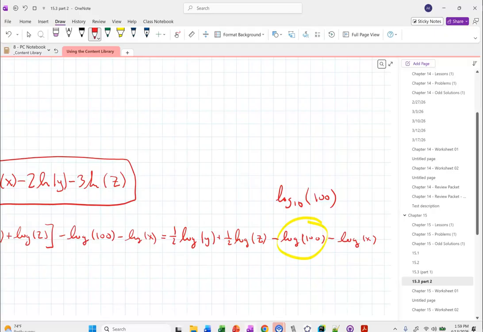Now, to simplify this, I need to rewrite 100 as a base 10 number. 100 is 10 to what power? 2, right? Is everybody okay there? And what's the relationship between log base 10 and exponent base 10? They cancel.